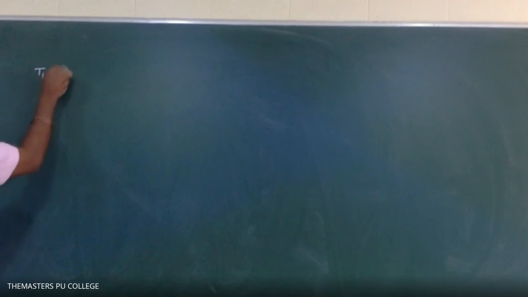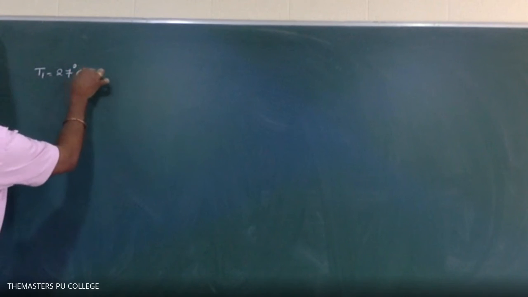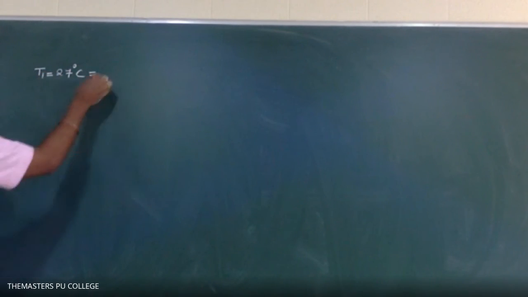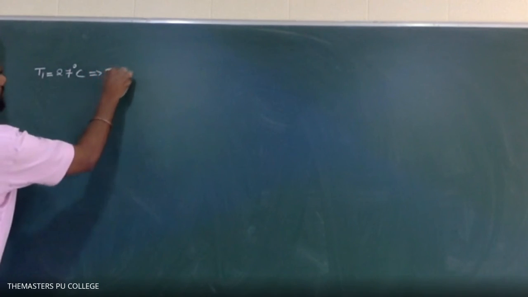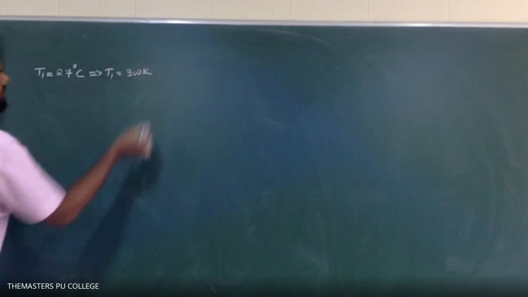So let me write this. Initially, the temperature T1 equals 27 degrees centigrade. We need to convert to Kelvin because Kelvin is the SI unit of temperature. That implies T1 equals 27 plus 273, which is 300 Kelvin. Let us take the pressure P1.